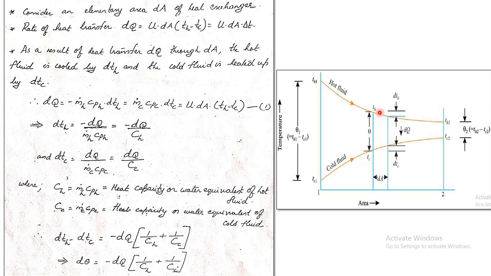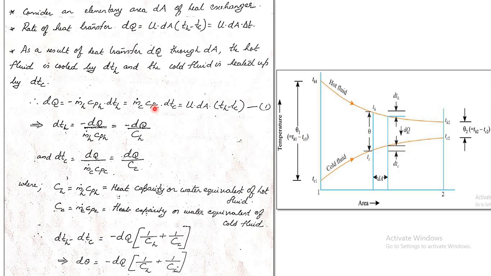So Th minus Tc is represented as theta. As a result of this heat transfer dQ through the elementary area dA, the hot fluid is cooled by an amount dTh, and the cold fluid is heated up by an amount dTc.